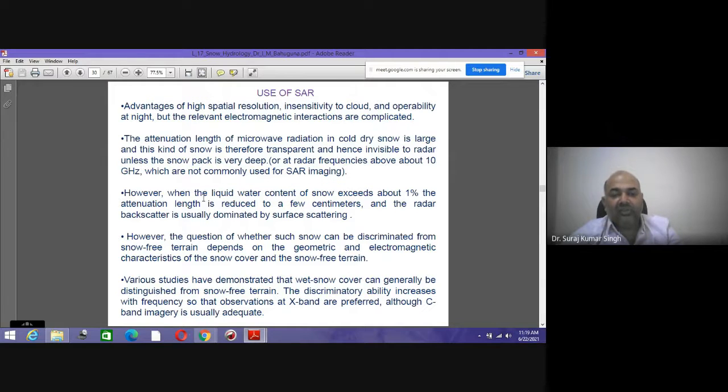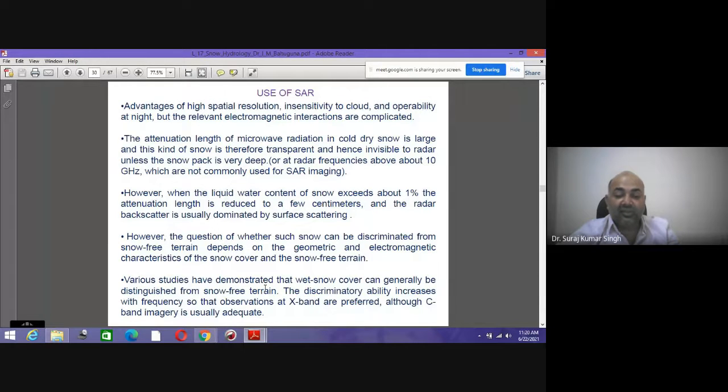However, when the liquid water content of snow exceeds about 1%, the attenuation length is reduced to a few centimeters, and the radar backscatter is usually dominated by surface scattering. However, the question of whether such snow can be differentiated from snow-free terrain depends on the geometric and electromagnetic characteristics of the snow cover and snow-free terrain.